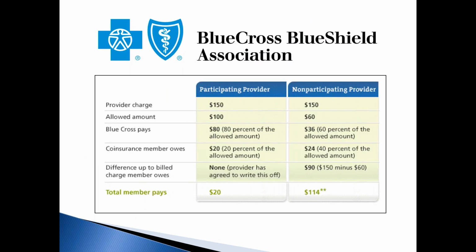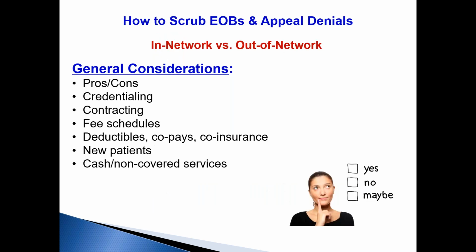They even send them these little charts. Look, Mrs. Jones, if you go to a participating provider and the bill is 150, you only have to pay 20. If you go to an out-of-network provider or a non-par provider for the same 150 charge, you're going to have to pay 114. See how they try to get patients to go to in-network doctors.